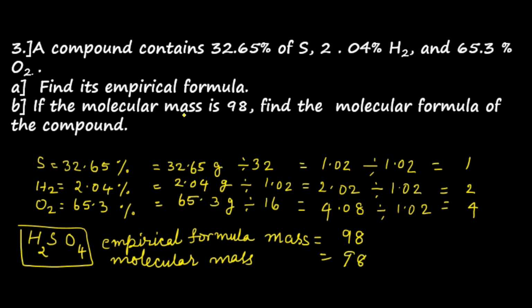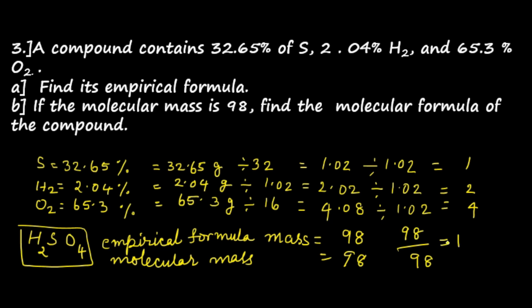In order to find out the molecular formula from empirical formula, we have to divide the molecular mass by empirical formula mass. So here in this case it becomes 98 by 98, and that is equal to 1.